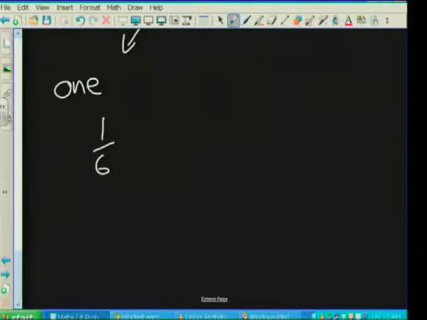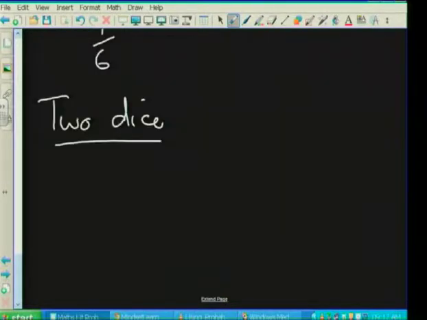The interesting idea that I've seen done, and it's really interesting, is to take 2 dice and again do this practically. Get learners to complete the exercise with 2 dice. And what we will look at is the sum of the dice.